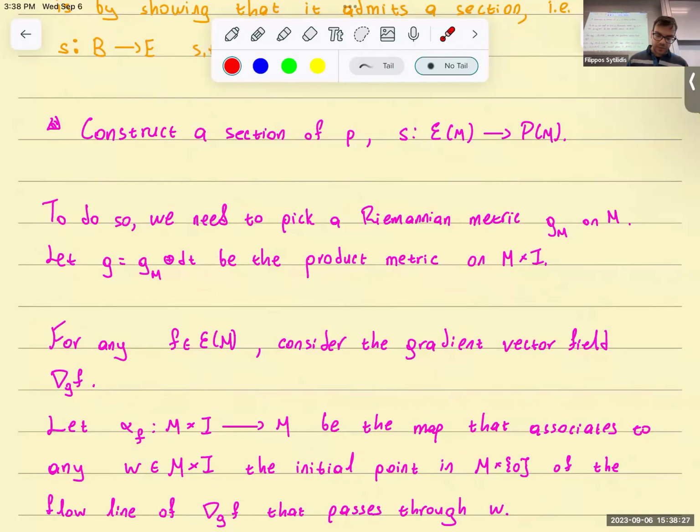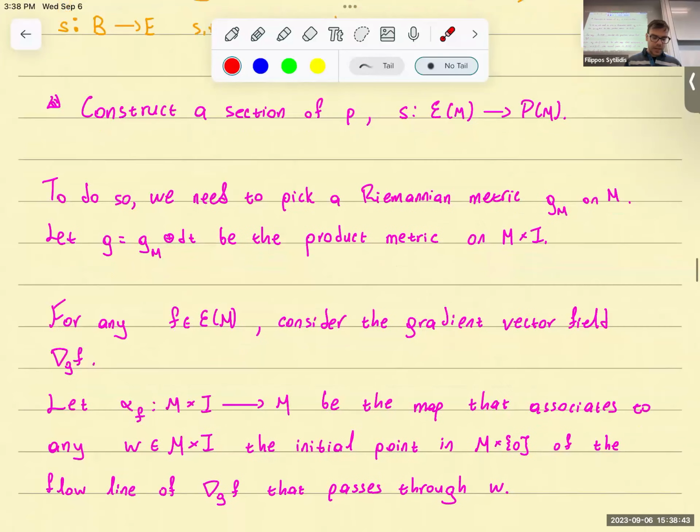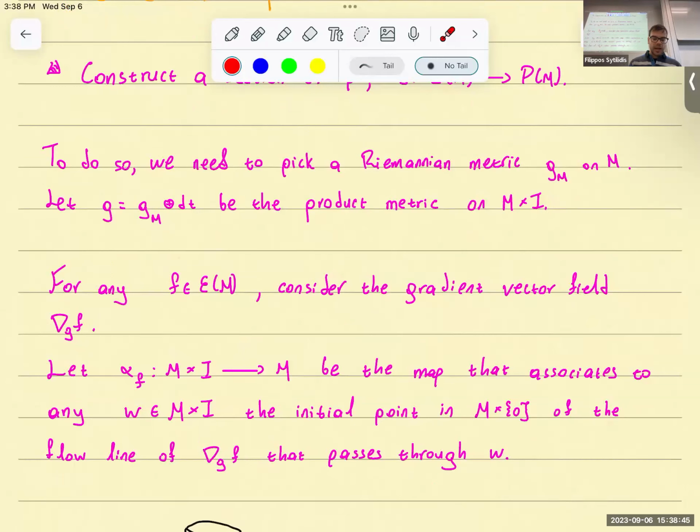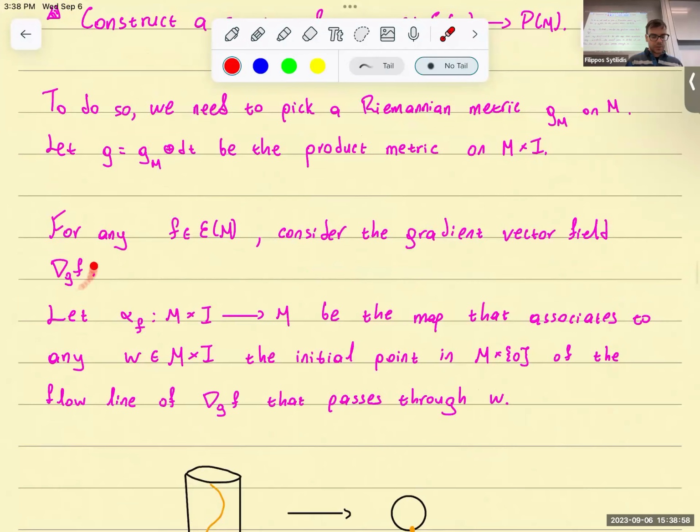So we need the data of a Riemannian metric on M. And then if you give me a Riemannian metric on M, I can find a Riemannian metric on M cross I by taking the product metric with the Euclidean metric on I. So now, if you give me any function from M cross I to I, using this Riemannian metric, I can consider the gradient vector field. This is the gradient vector field of F with respect to that Riemannian metric.